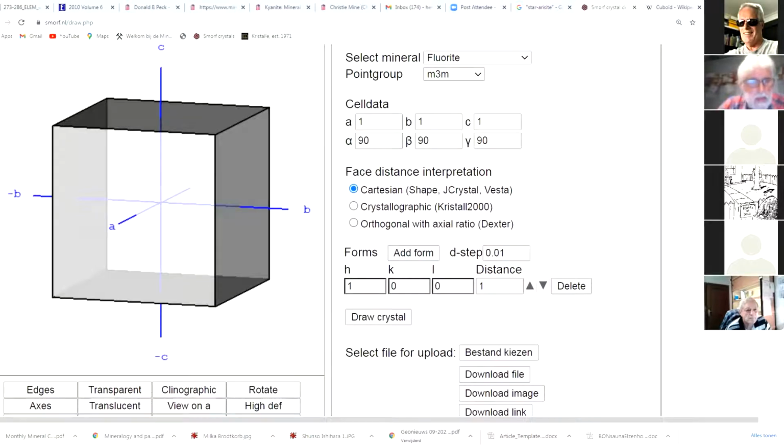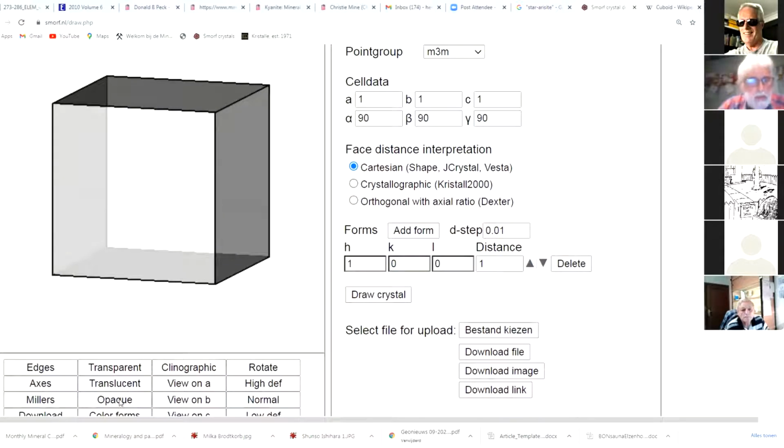If you click again on axis, the axis disappears again, okay? Clicking on transparent will change the transparency. And if you click on opaque, you will only see the faces that are directly facing you.